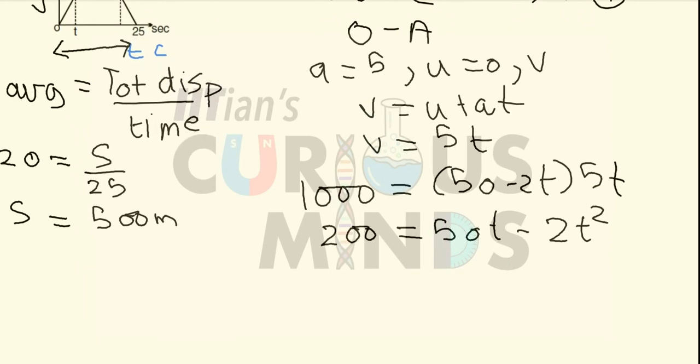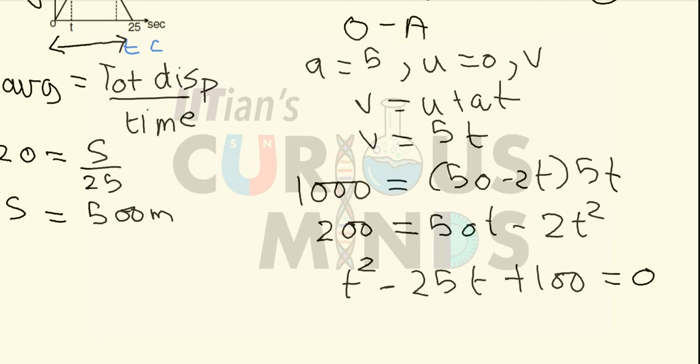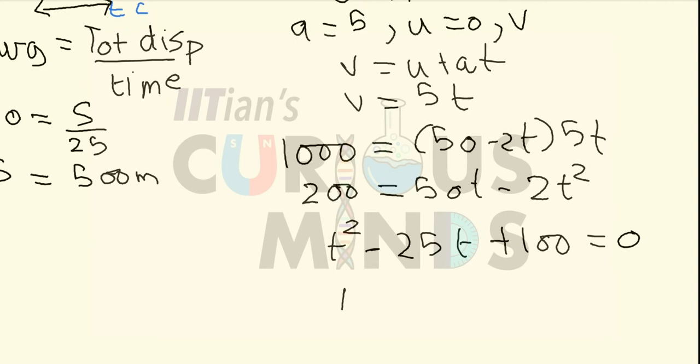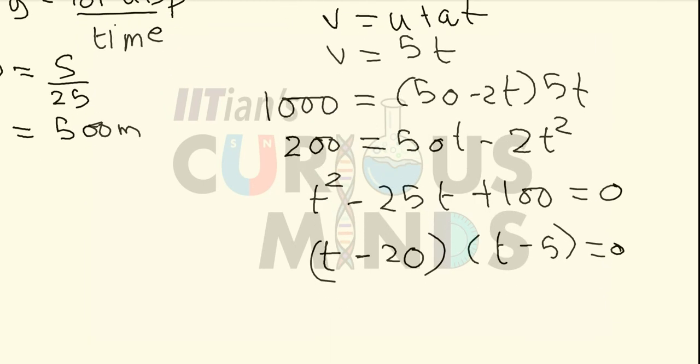So I can divide the whole equation by 2 again. So t square minus 25t plus 100 will be equal to 0. Basically, (t minus 20) and (t minus 5) will be the factors. So t can either be 5 or 20.